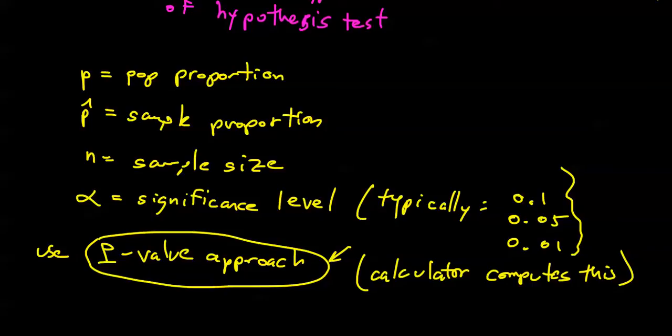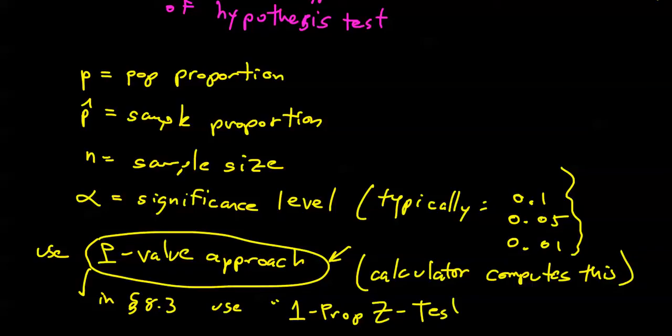In section 8.3, which we are in today, we're going to use the one proportion z-test command, because we are interested in claims about proportions, found under your stat menu.